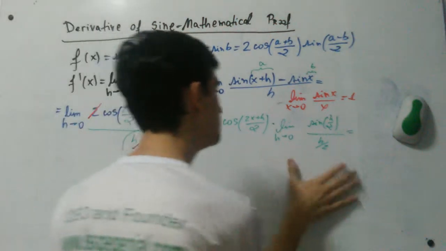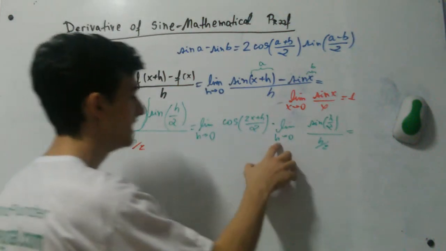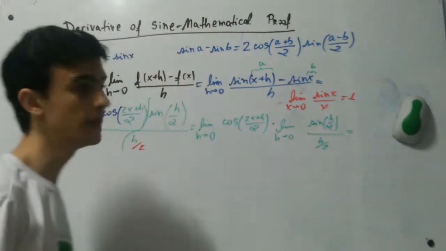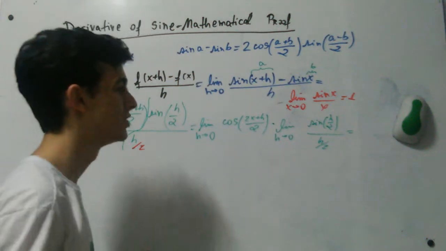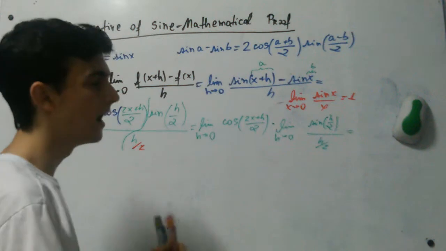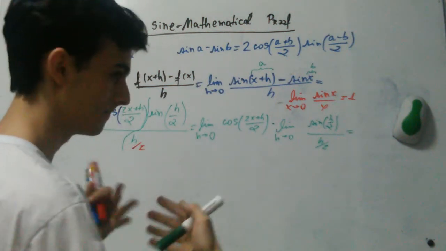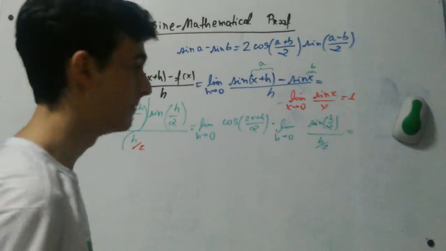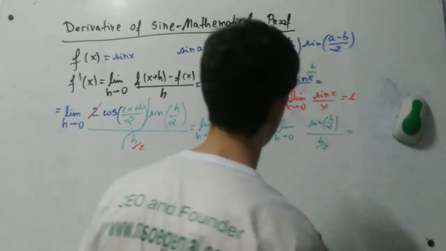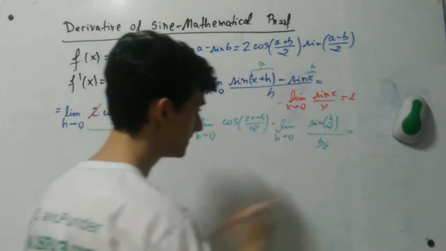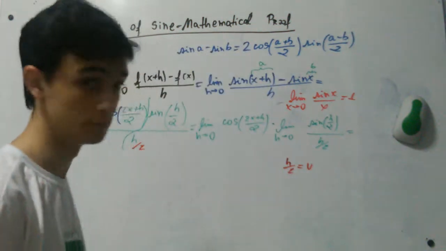So this limit here is 1. You can say, well, but this h should be h over 2. Yeah, but it's the same thing. When h approaches 0, h over 2 approaches 0 as well. But let's prove this more correctly, mathematically speaking. Let's say that h over 2 equals u.